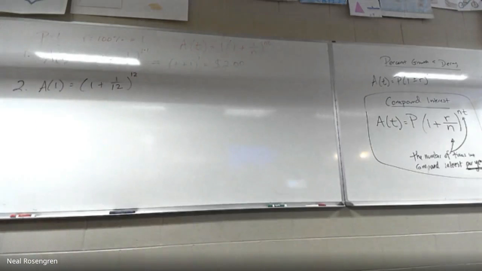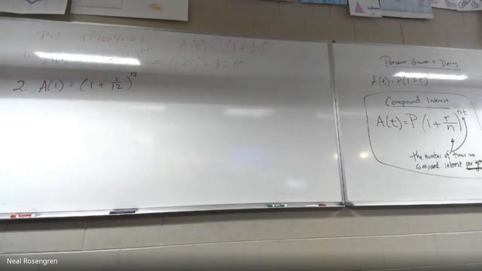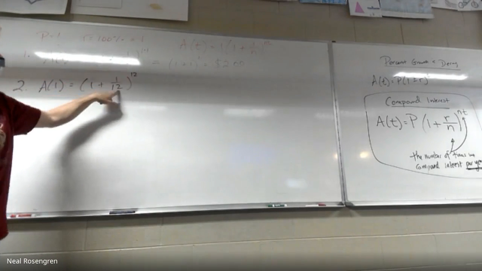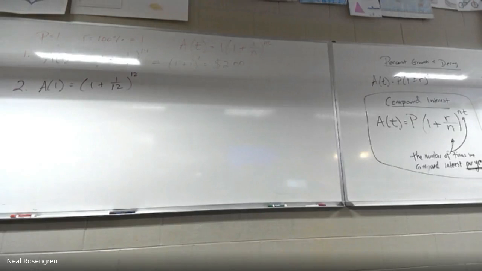Somebody help me out. 1 plus 1 over 12 to the 12. This is still number 1, right? This is number 2. So we did yearly, annually. Now we're doing monthly. So next page is number 4. No, not next page. This one. We're going to work our way down 1 through 7. We're going to do the exact same problem. We're just going to mess with n because you see we're going to start going faster and faster and faster.